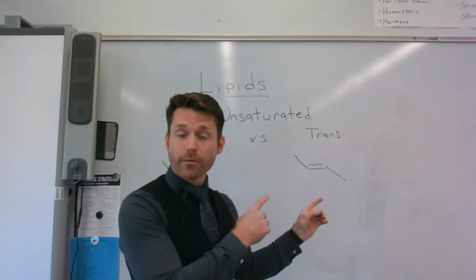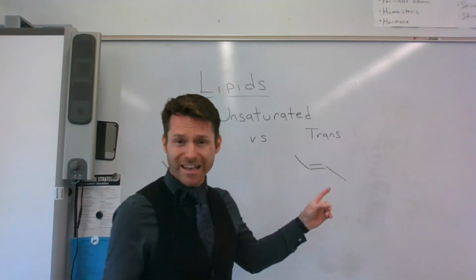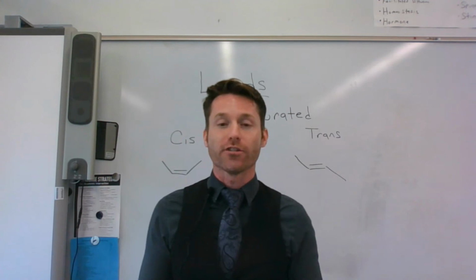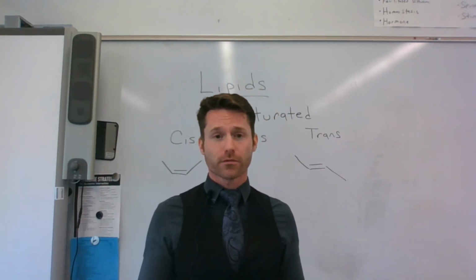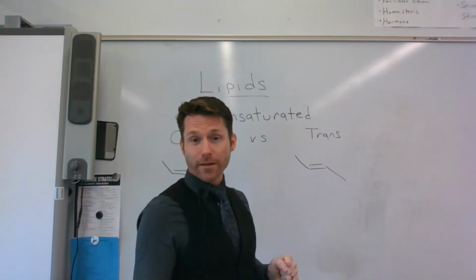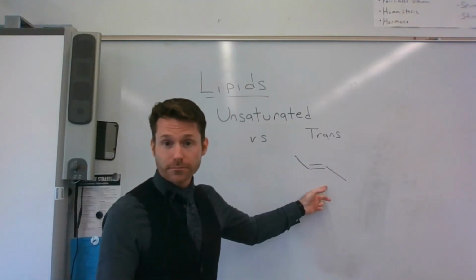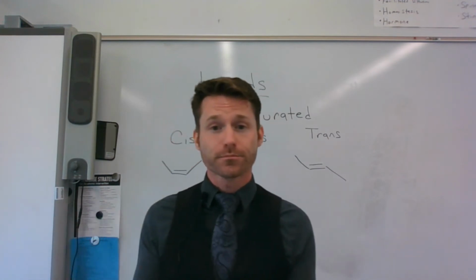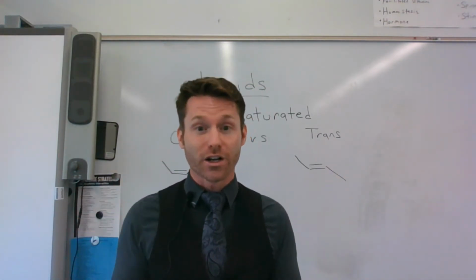The trans double bonds, however, promote the lipids stacking up. Okay? So this kink, instead of preventing the stacking in your arteries, actually increases the stacking in your arteries. And so this slight difference in chemical format, same chemistry, same stuff, just different shape, leads to a vastly different outcome. Tiny, tiny, tiny little difference, huge difference in function.